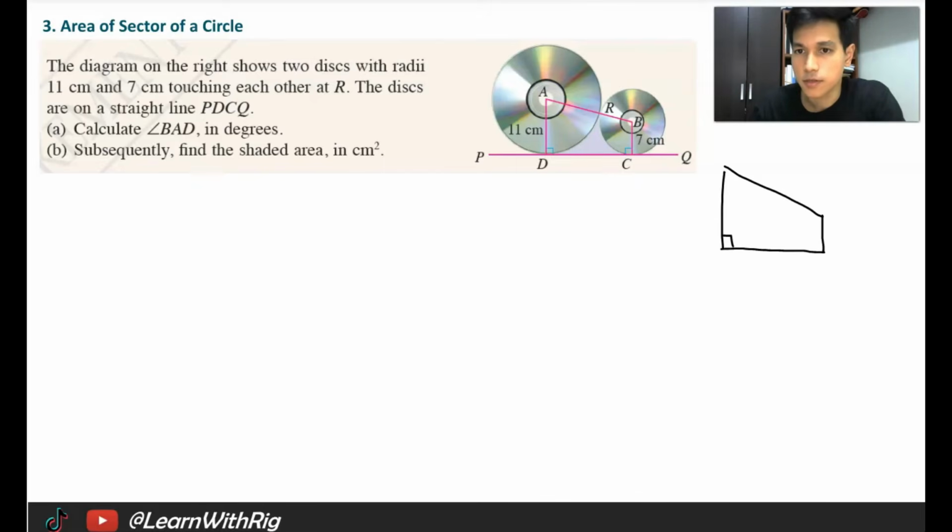So here 90 degree, here 90 degree, here is 7 cm, here total is 11 cm. Now they want you to find BAD. Here is A, here is B, here is D, here is C. So BAD should be the angle here.